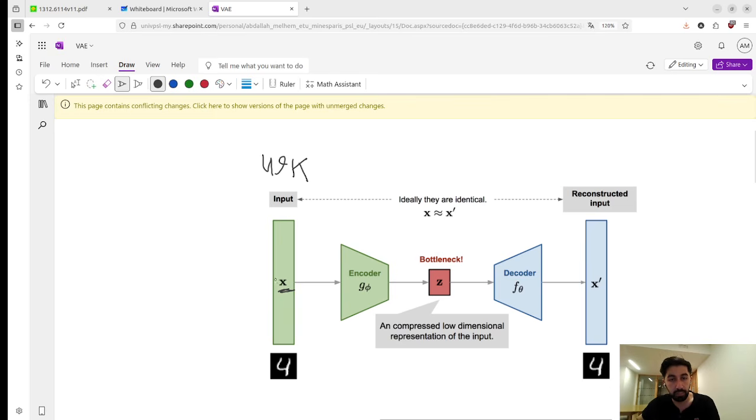Instead of representing X with 49,000 numbers, we represent it in a Z dimension, which is very small, let's say of dimension 2. And usually Z is in a simple statistical distribution, and the most common one is the normal law. So Z would be following a normal of mean mu and standard deviation sigma, let's say normal 0, 1, for example. So we input X to the encoder, and the encoder outputs Z in really low dimension.